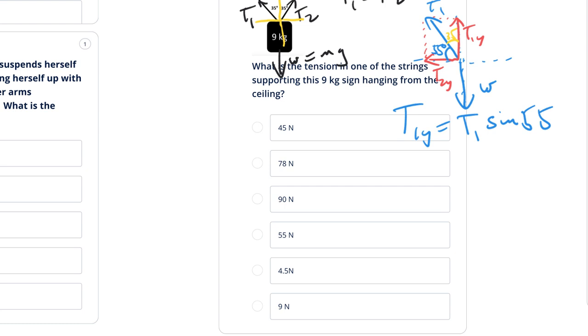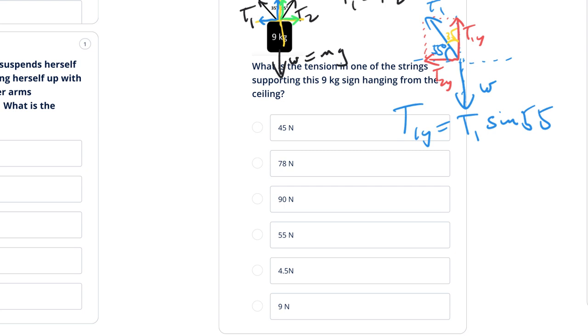Okay? So that really doesn't look like it gets me anywhere because T1 and T1y are unknown. But really, T1y is not unknown. Look, let's go back to this picture. There's T1y. There's T1x. Now, you should realize that T2y equals T1y and T2x equals T1x because the angles are the same.